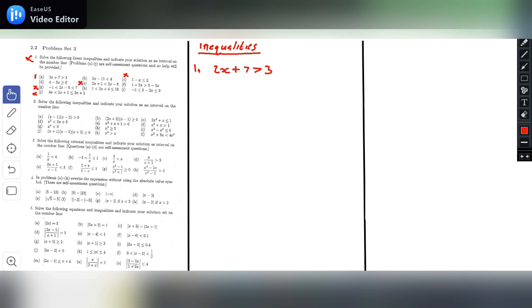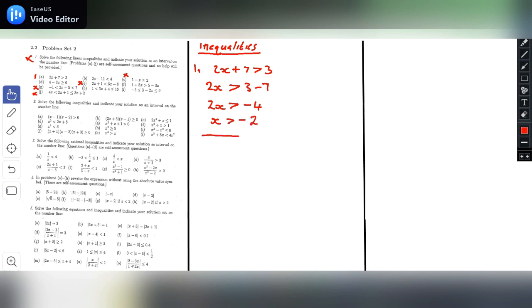So how can we solve this question? It's going to be 2x is greater than 3 minus 7. We take that 7 to the other side and it changes the sign. Therefore 2x is greater than negative 4, and when we divide by 2 we get negative 2.